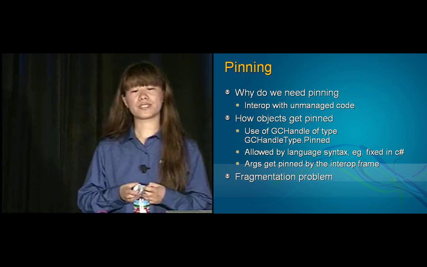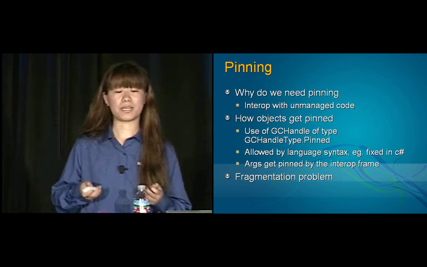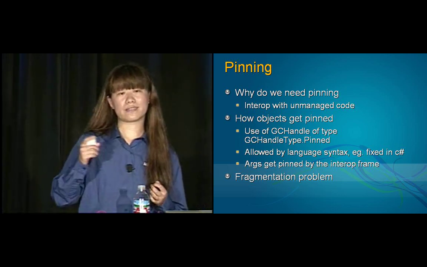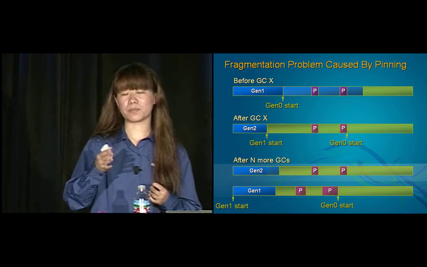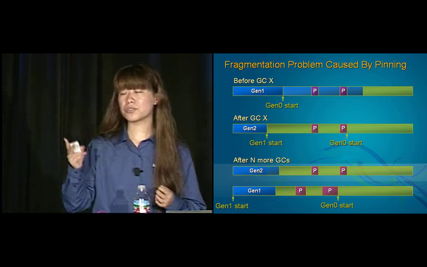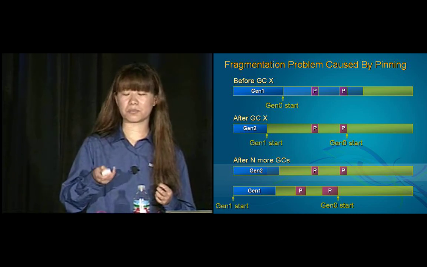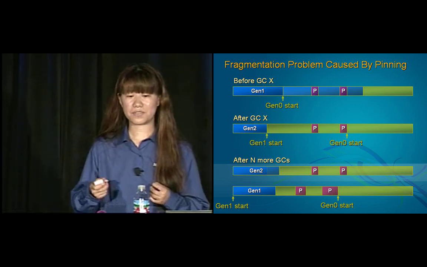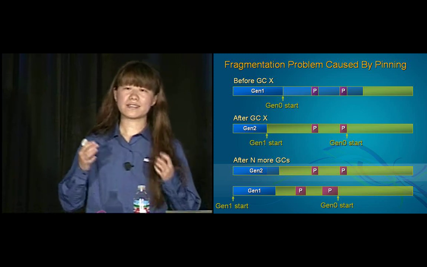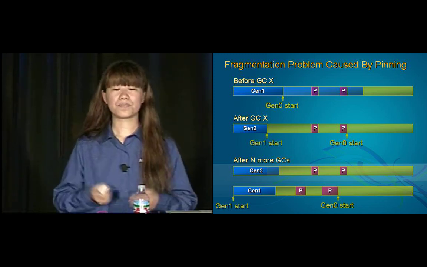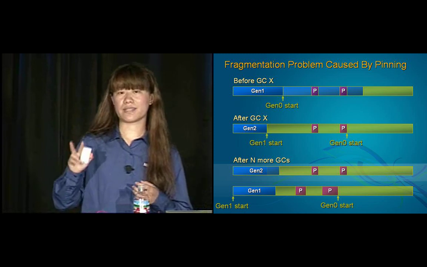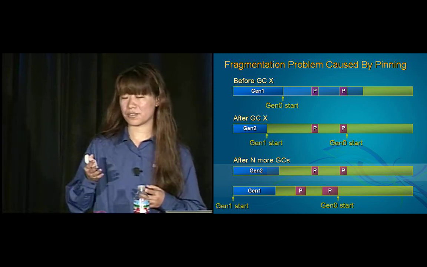Before the GC, we have this picture on the managed heap. The blue part is the live objects. In Gen 0, we have a bunch of live objects, and we have 2 pinned objects in purple. After this GC, let's say that none of the non-pinned objects survived, so we only have the 2 pinned objects left from Gen 0.